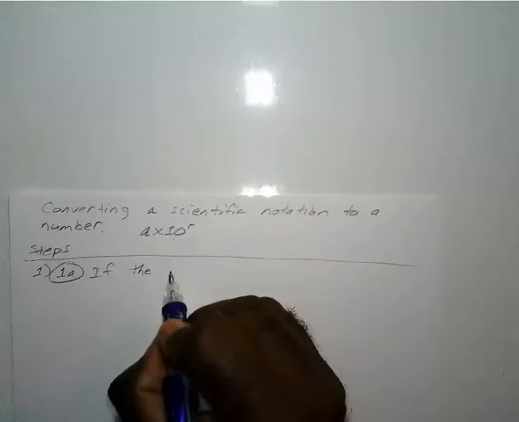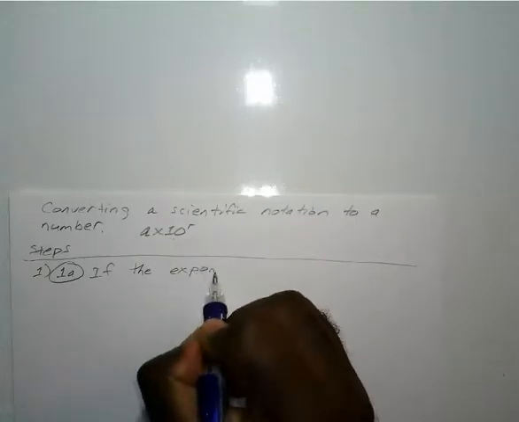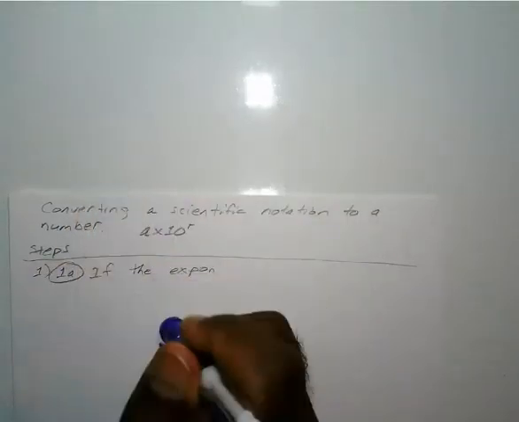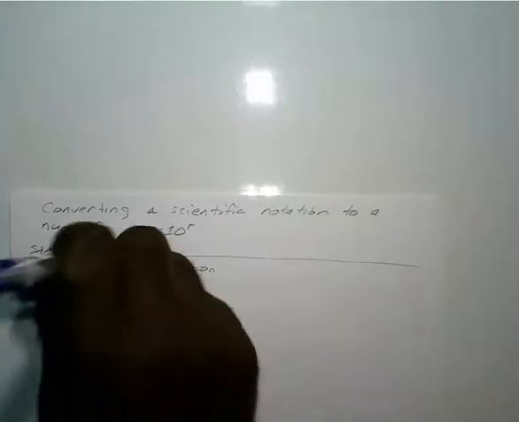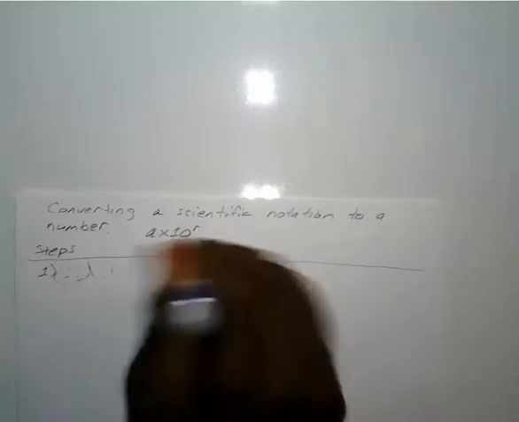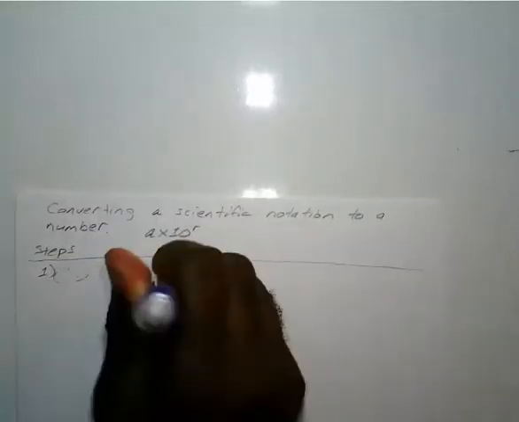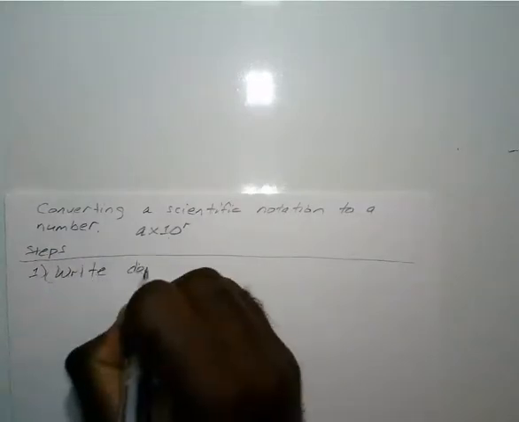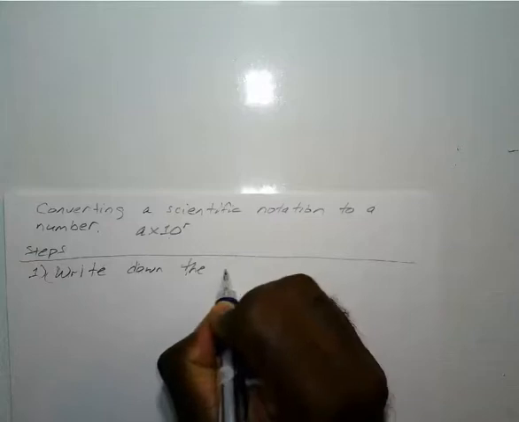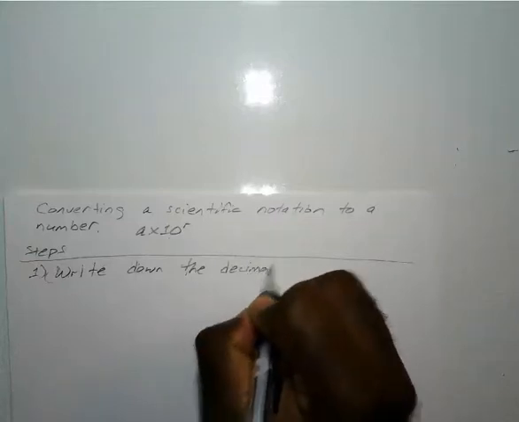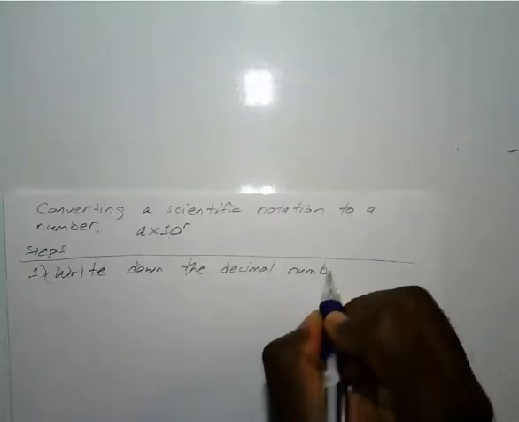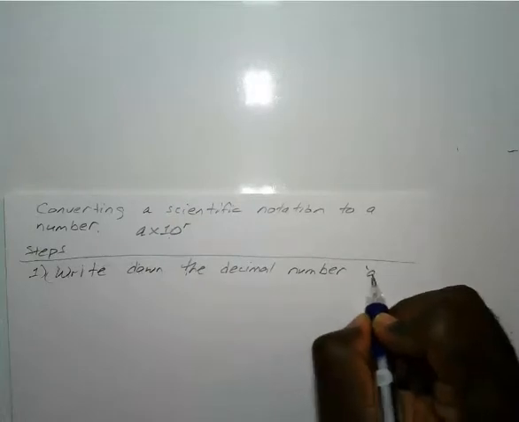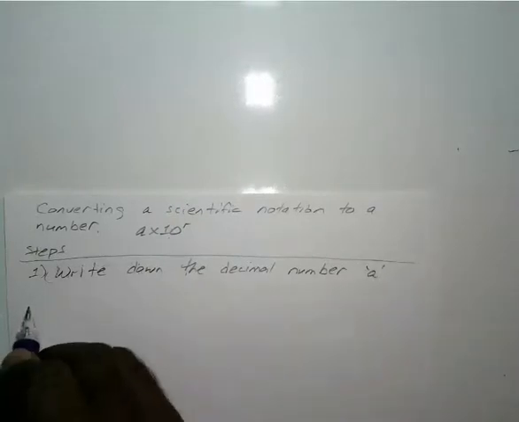Well, first you want to write down the decimal number A. Sorry, I'm forgetting a step here. So write down the decimal number A. Here we go.